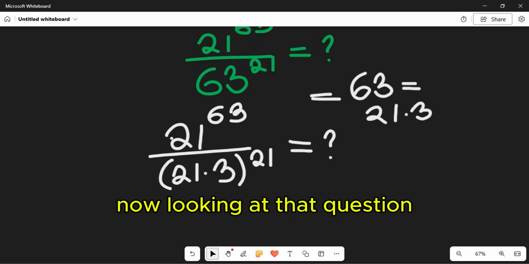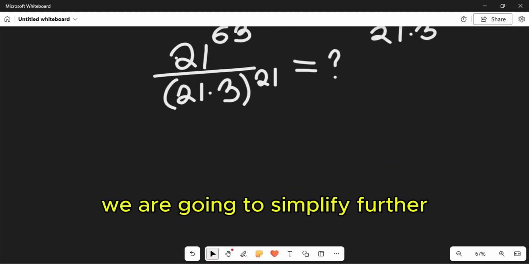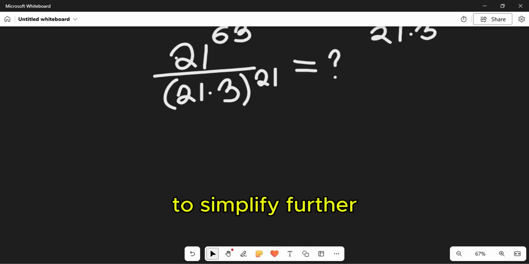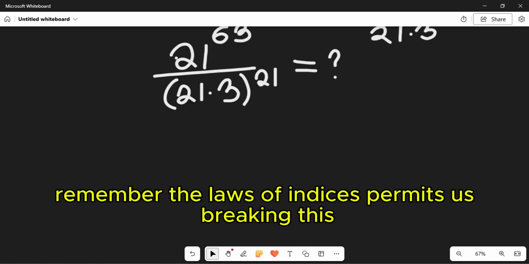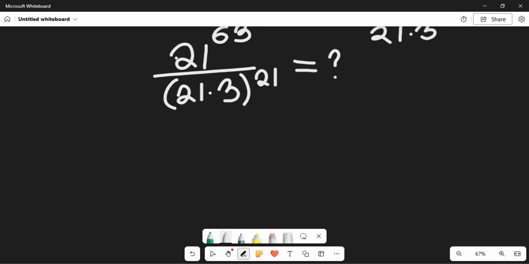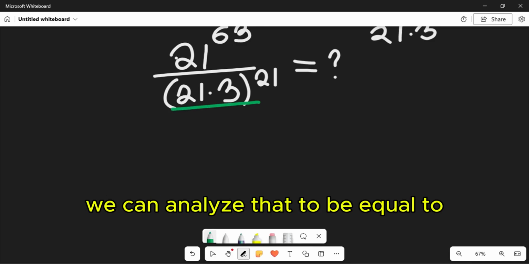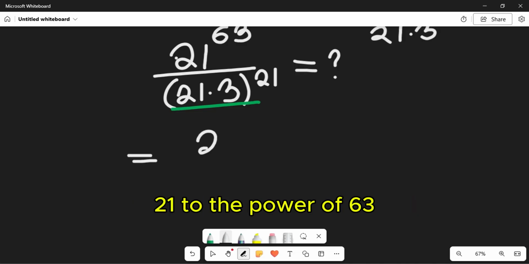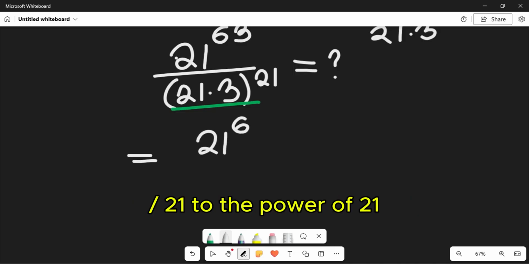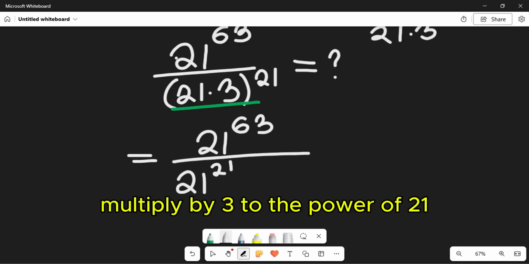Now, looking at that question, we are going to simplify further. Remember, the laws of indices permit us to break this. Since they have one common power, we can write that as 21 to the power of 63 divided by 21 to the power of 21 multiplied by 3 to the power of 21.